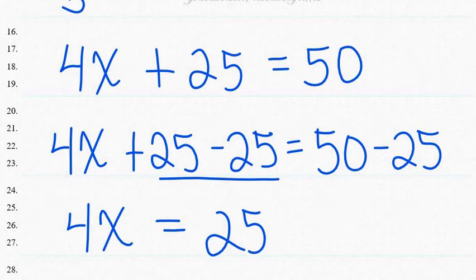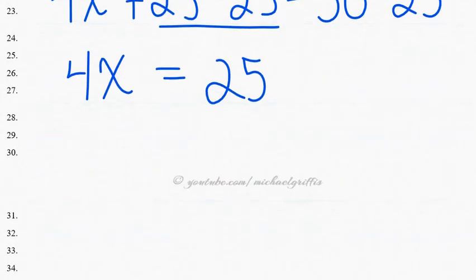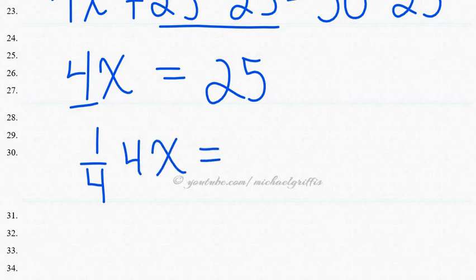Now we have to deal with that coefficient in front of the x, and we want to turn that into a 1. So what I'm going to do is multiply by its reciprocal. But what I do to the left, I must also do to the right.